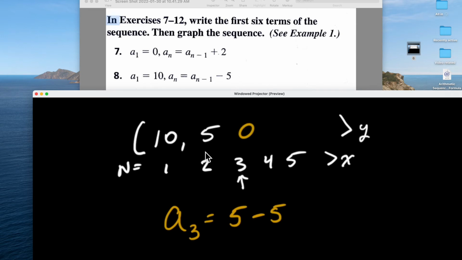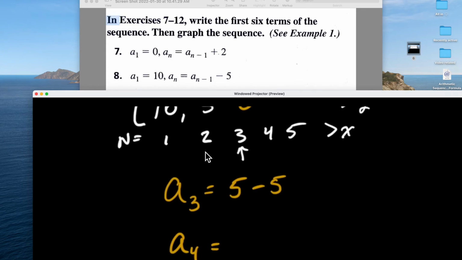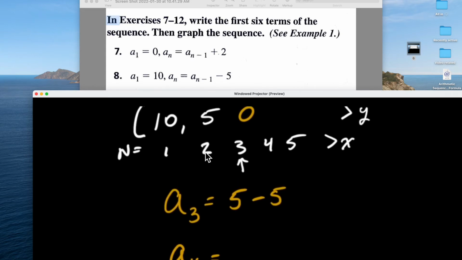What's the value at position 4? The value at position 4, to find it, we're going to take the value at the position to the left of it. To the left of it is n minus 1. To find this value, here's our new question mark. We're going to take the value just to the left of it and subtract 5.